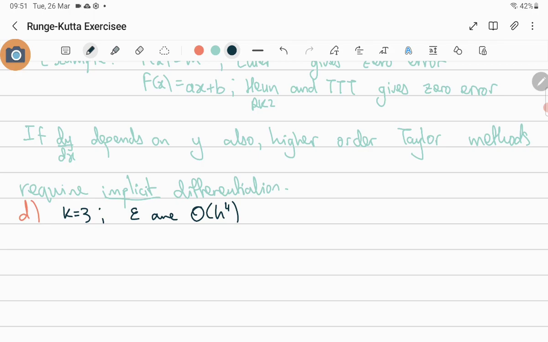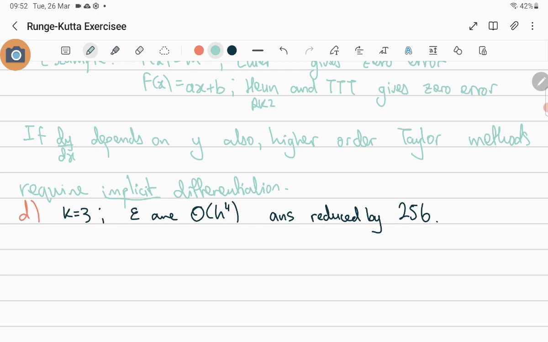If you quarter the step size, it'll be multiplied by a quarter to the power of 4, so reduced by 256. Now where is that 256 coming from?